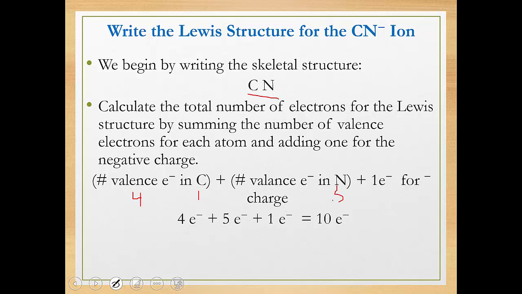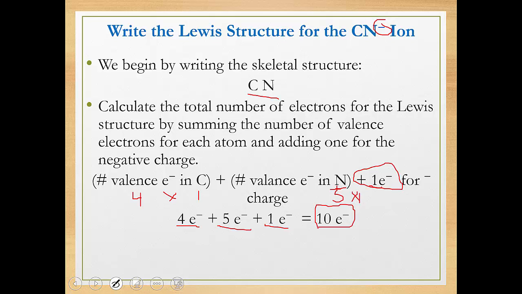And then nitrogen has 5 valence electrons, and we have 1 of those. And then it has that -1 charge right here. So we have to add 1 electron to account for that charge. So 4 electrons from carbon, 5 from nitrogen, 1 from the ion gives us a total of 10 electrons.